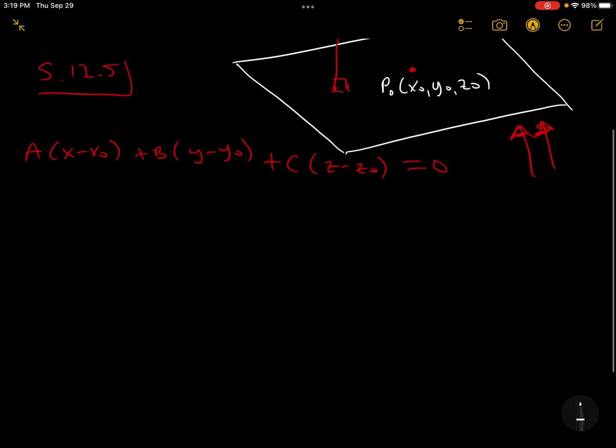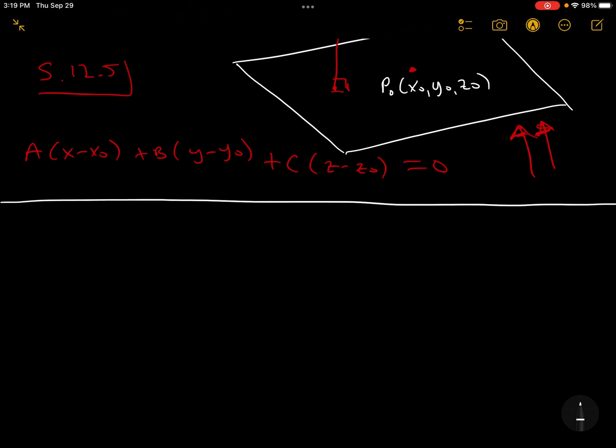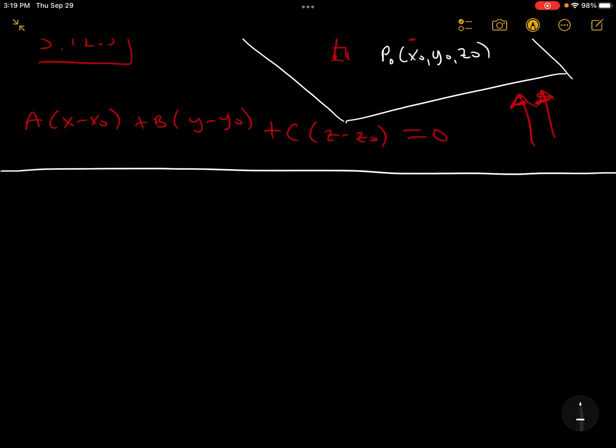All right, so now we move back to 3-space here. We have a z function equal to xy, right?